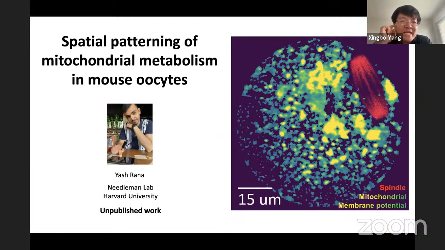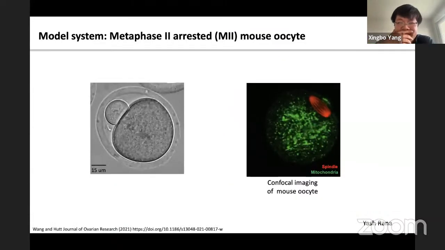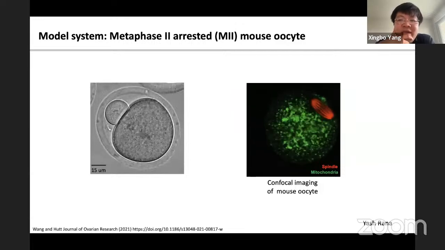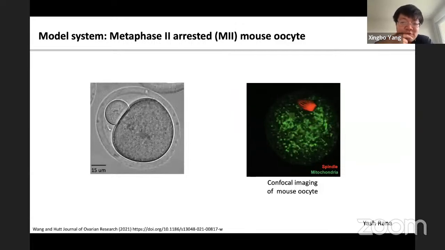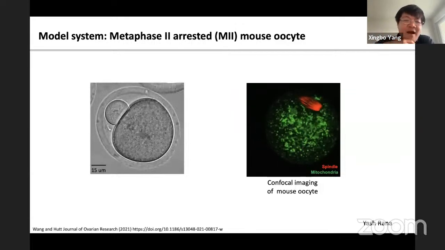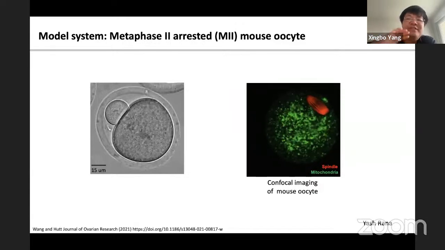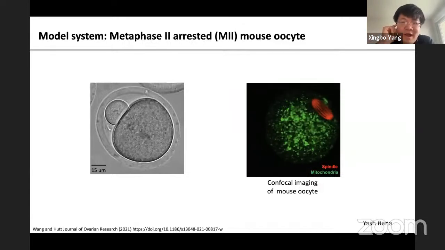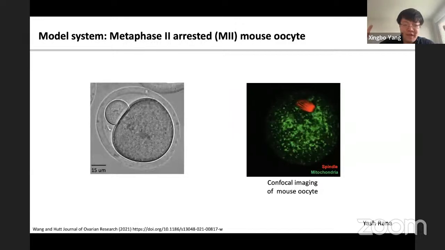So how do you use those techniques to actually study the spatial patterning of mitochondrial metabolism in mouse oocytes? I would not have time to do justice to this work now. I think Yash can do it himself in more detail, but I just want to show you that we can use those tools to ask a very simple question. Are there any metabolic heterogeneities inside of a cell? Are all mitochondria created equal or not?